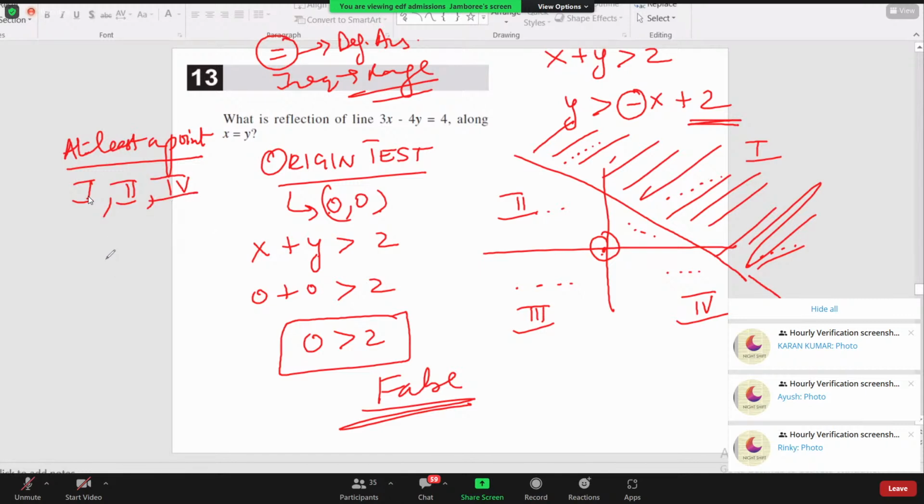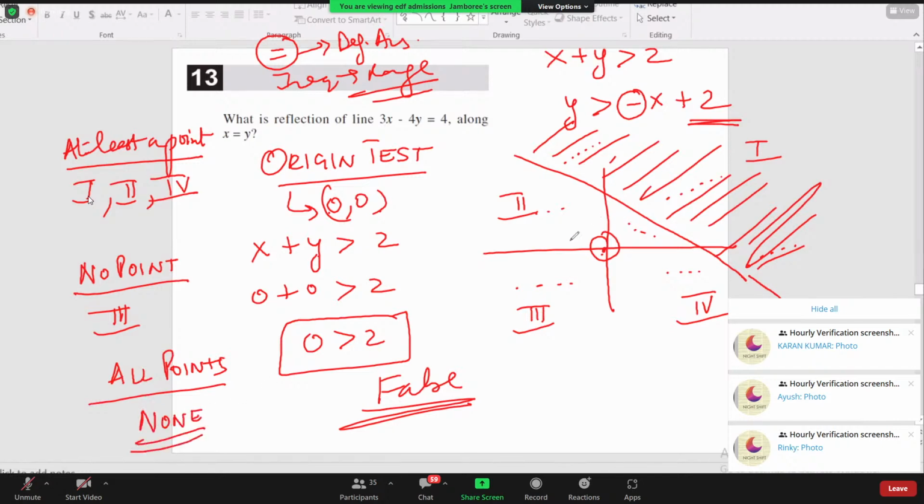The question might ask which quadrants contain no point that satisfies this inequality. The answer in that scenario will be the third quadrant, because the third quadrant is such that no point satisfies this inequality. And had the question been which quadrants contain all the points that satisfy this inequality, the answer would be none.